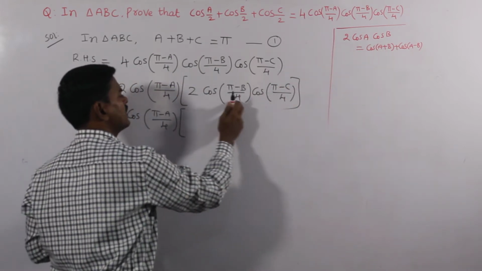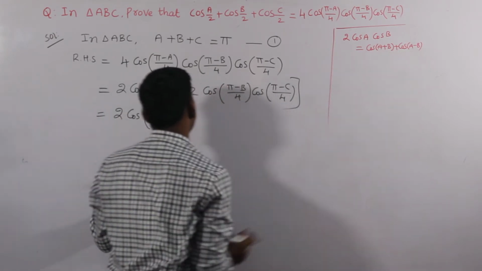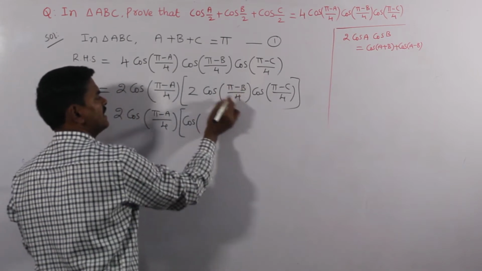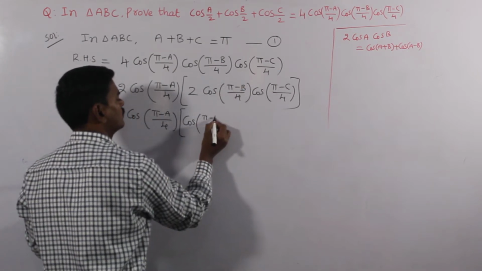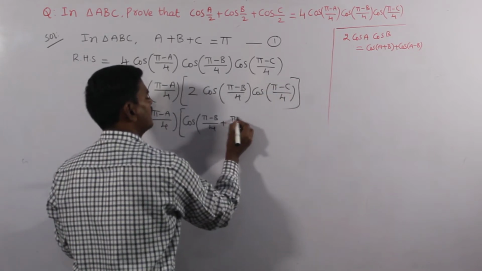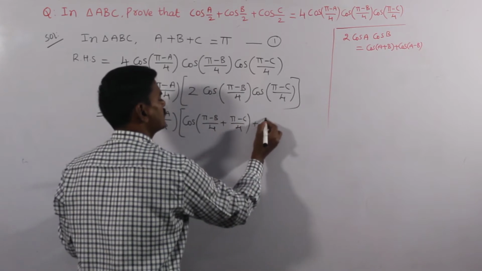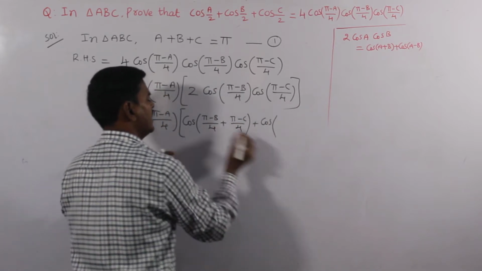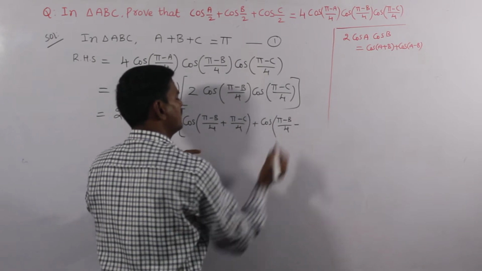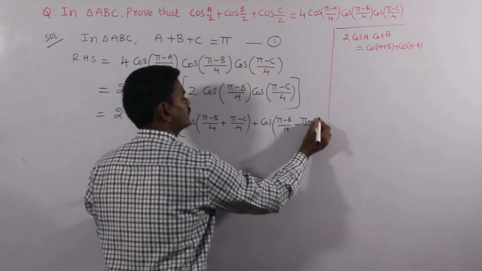We have 2 cos A cos B, so we should write cos(A + B) + cos(A − B). What is A here? A is (π − B)/4 and B is (π − C)/4. So cos(A + B) + cos(A − B) becomes cos((π − B)/4 + (π − C)/4) + cos((π − B)/4 − (π − C)/4).